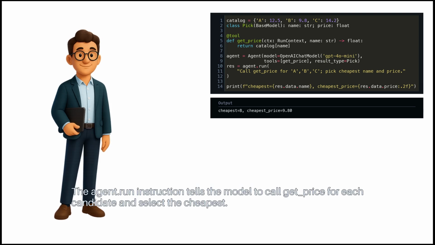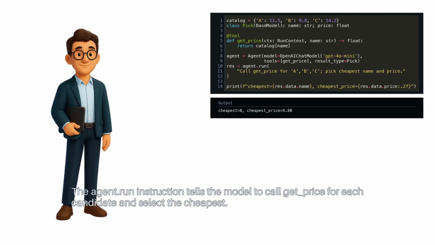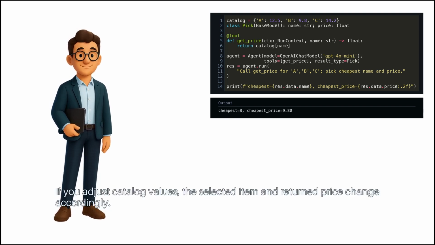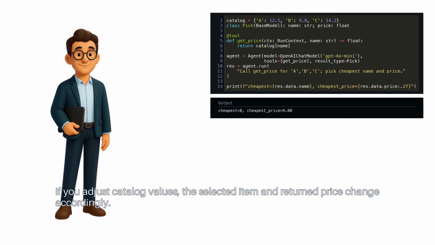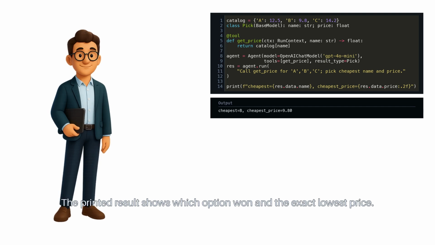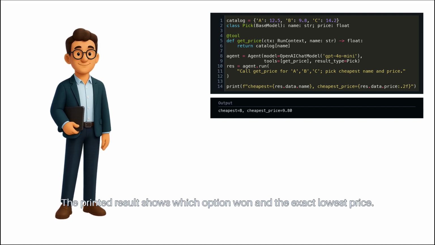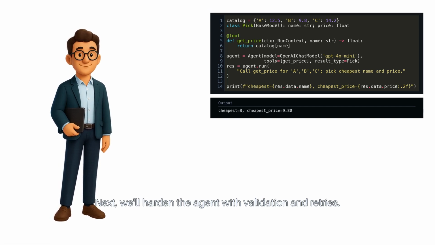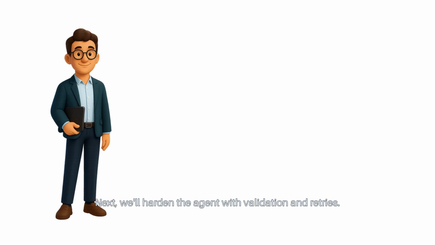The agent.run instruction tells the model to call getPrice for each candidate and select the cheapest. If you adjust catalog values, the selected item and returned price change accordingly. The printed result shows which option won and the exact lowest price. Next, we'll harden the agent with validation and retries.